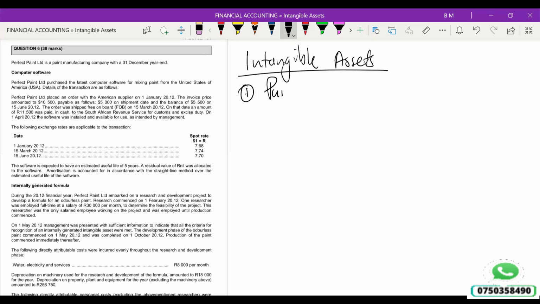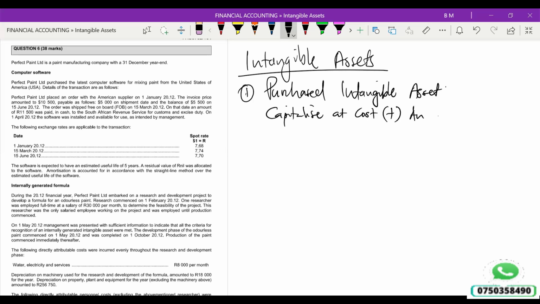When you have a purchased intangible asset, we're going to capitalize it at cost plus any additional cost to bring the asset to a manner required by management.